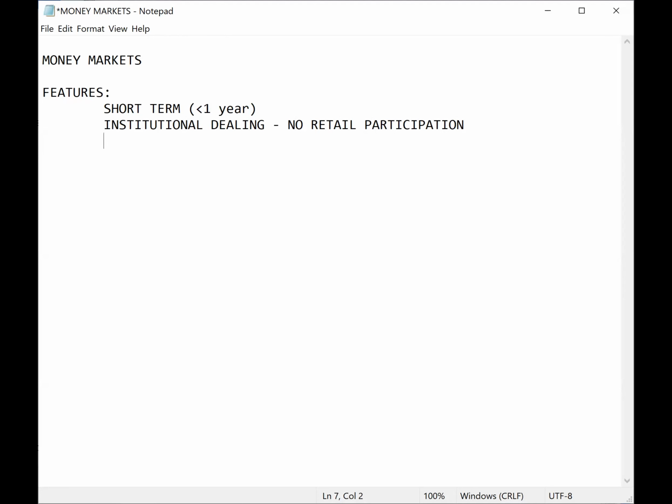For example, retail is there in the capital markets, but in the money market, you don't have retail participants. You don't have individual participants. You have institutes, companies, or the banks or the government dealing in these money markets. Retail participation is almost negligible. I would not say zero, but very less.